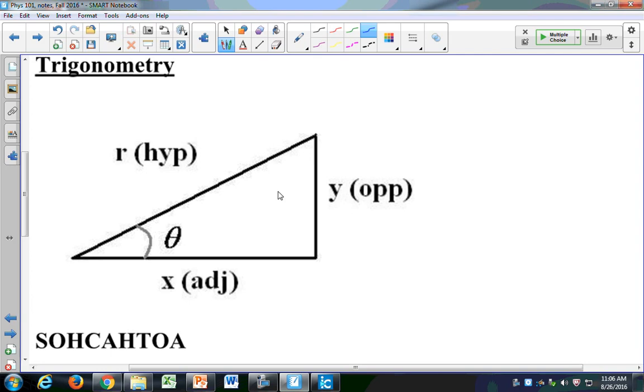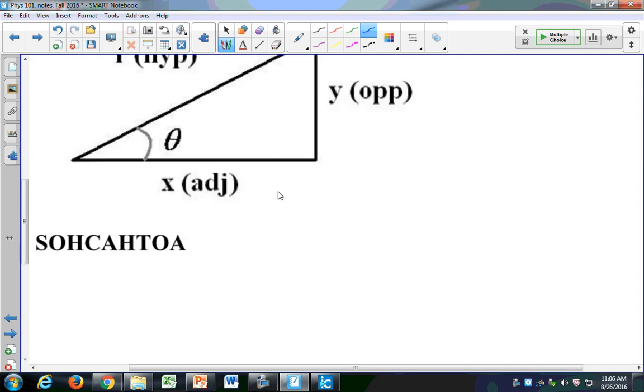Y'all know what I mean? That's really all you need to know, but you need to know how to apply those. It's okay if you don't know how to do those things right now, but come time for the test, it's not good for you to not know how to do that, because we're going to use right-angle trigonometry the entire semester, and next semester too. So make sure that you're good on this.